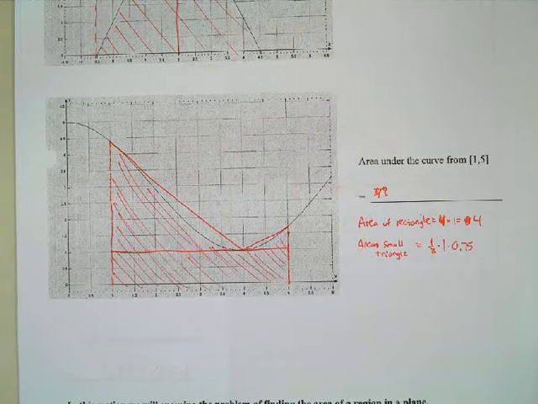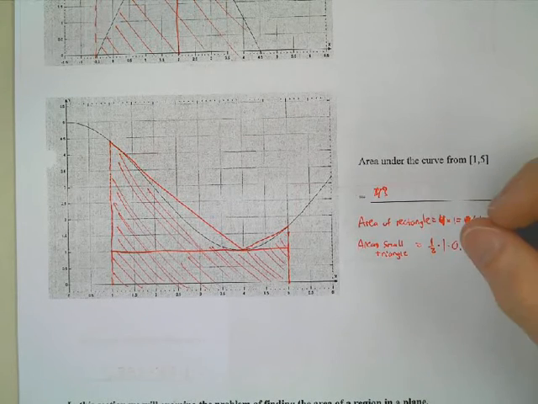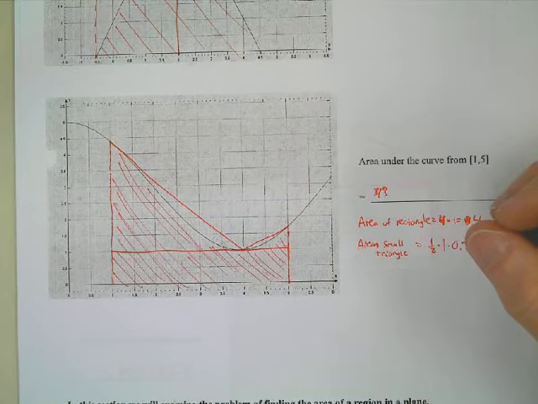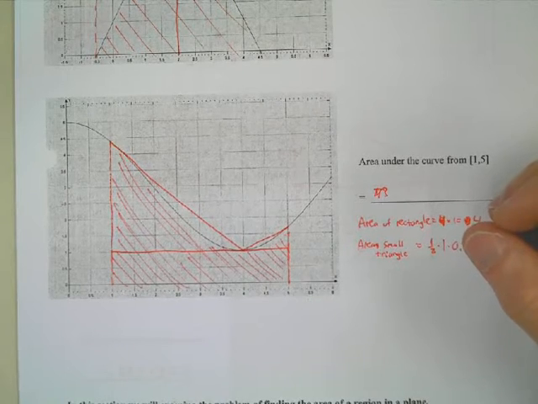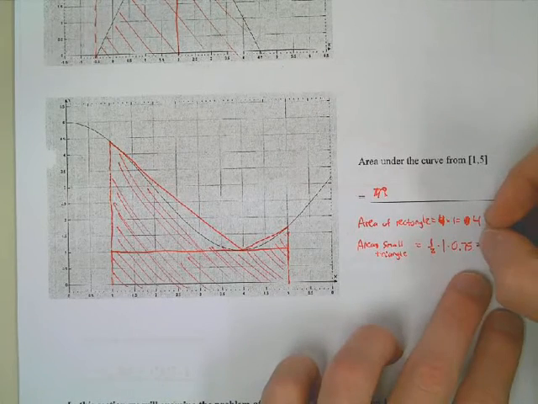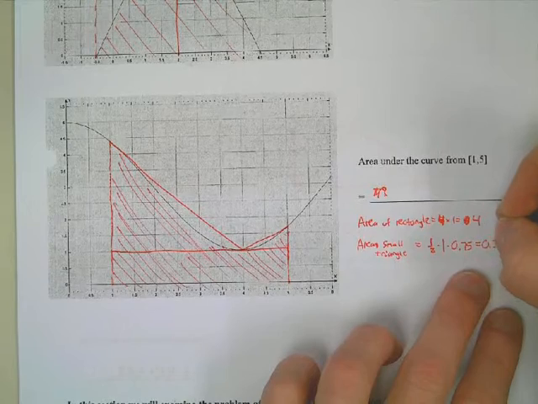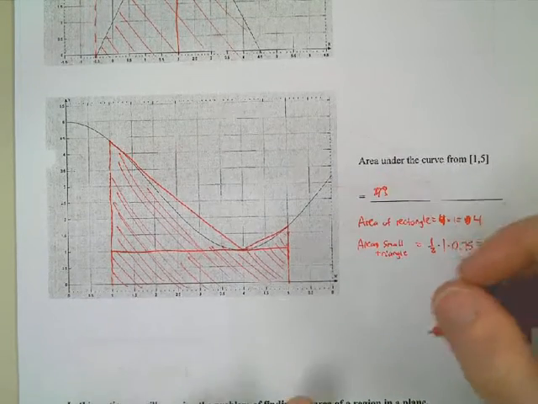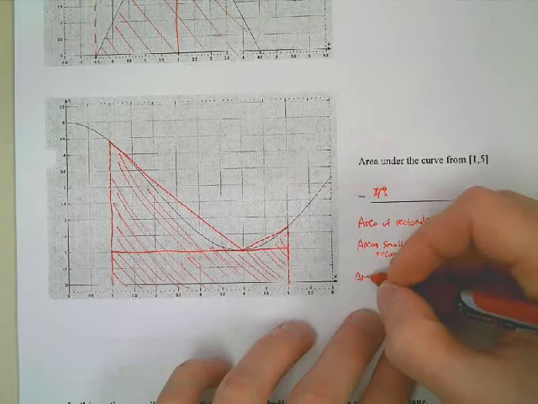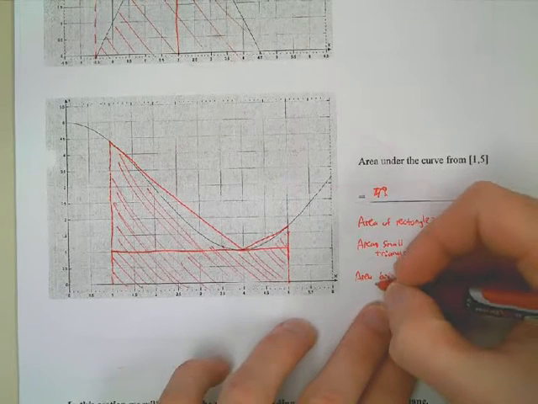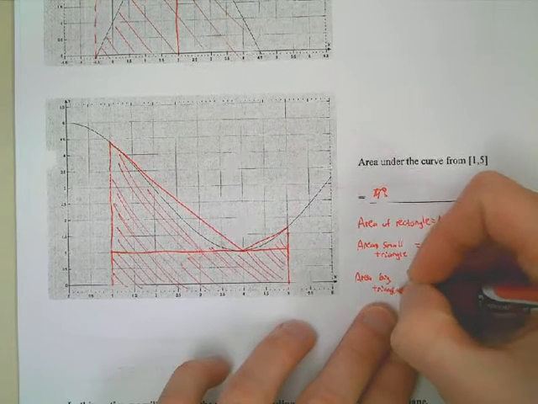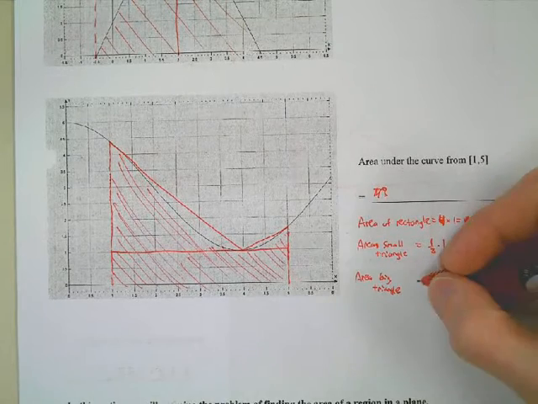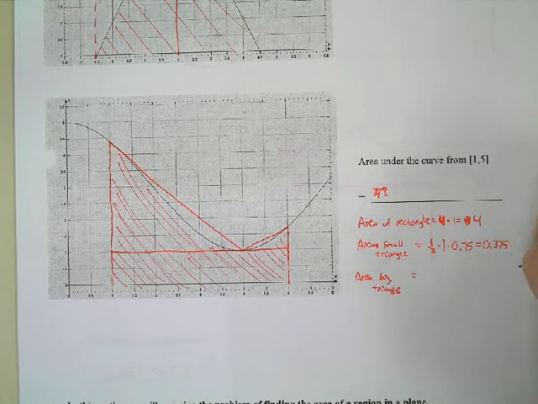Okay, so 0.375 for that one. And then the big triangle, what is its base? From 1 to 4, so it's a base of 3.